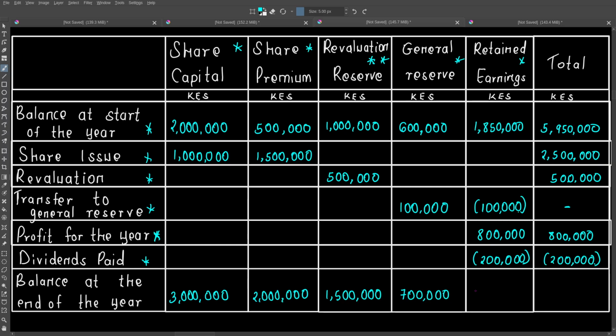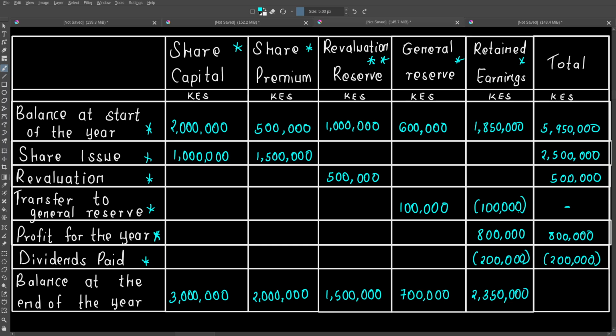We less 300,000. Then we add 800,000. So that one is going to give us 2,350,000.